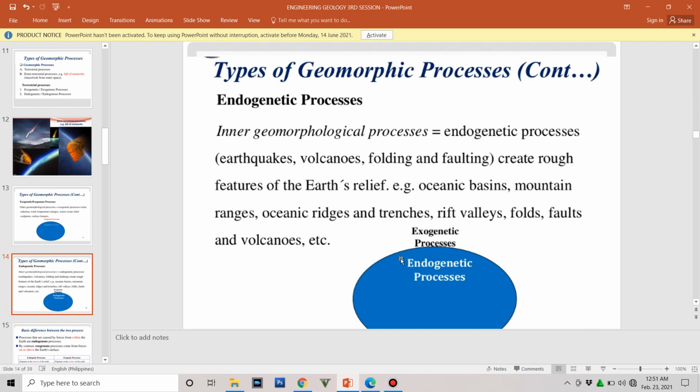These are the layers below. And when we say exogenetic, it is the outermost layer that is happening. That is the difference between endogenetic and exogenetic process.